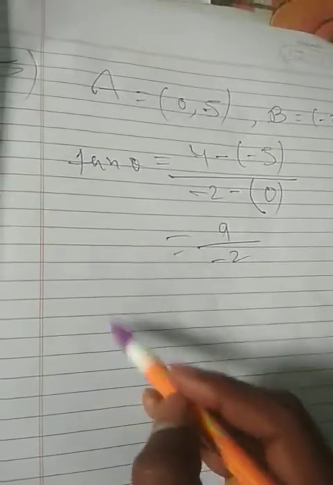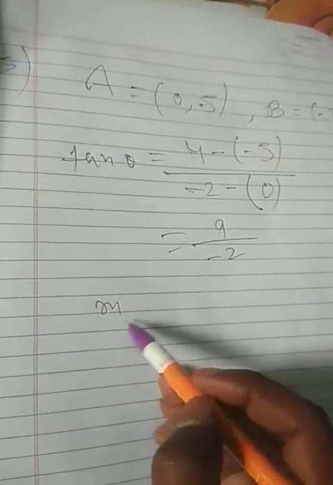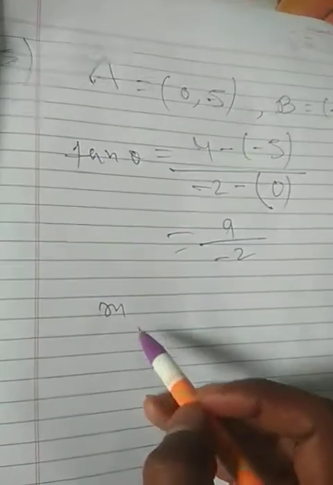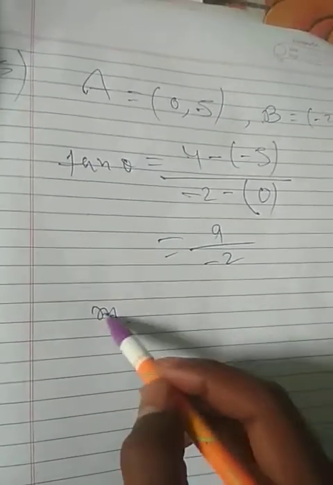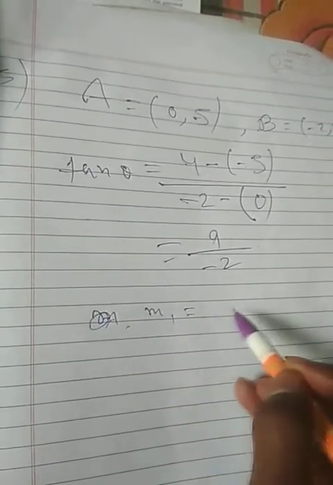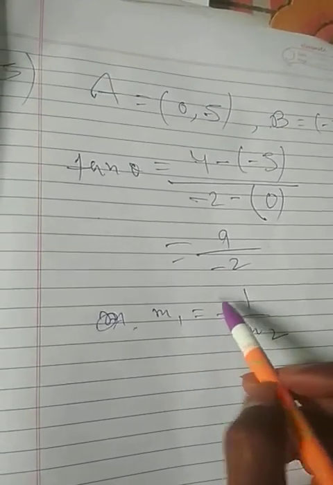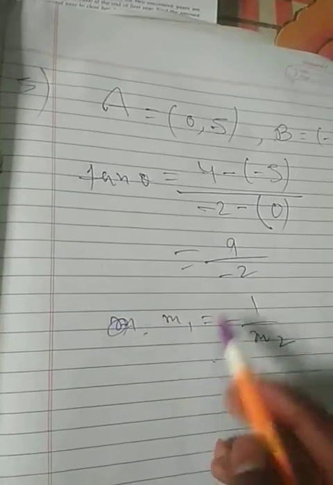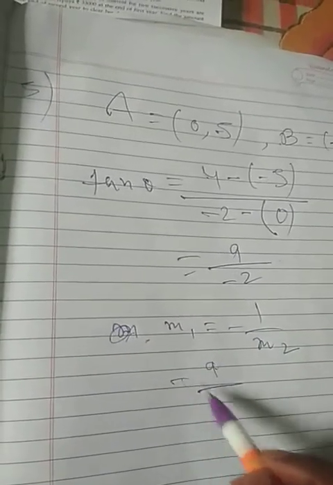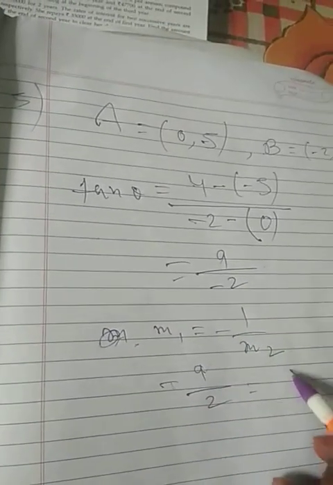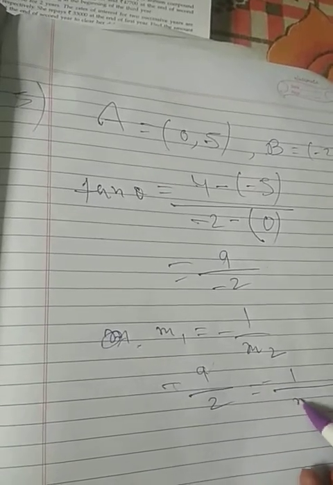And we know that for a line perpendicular to that line, what will be the slope? We know that m1 equals minus 1 by m2. That means if minus 9 by 2 is m1, what will be the value of m2?